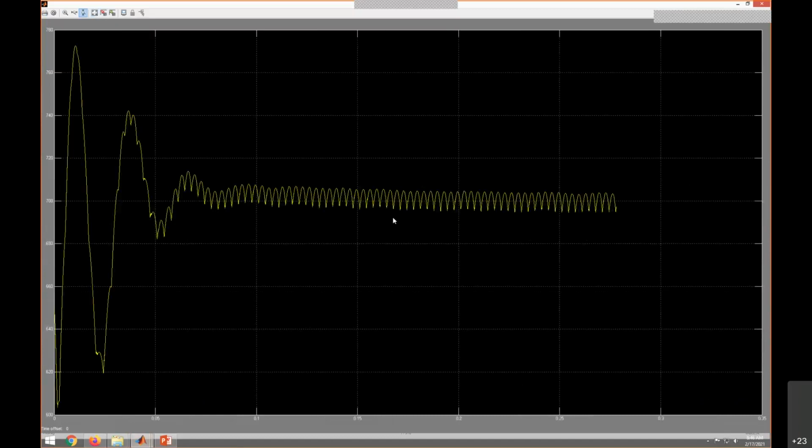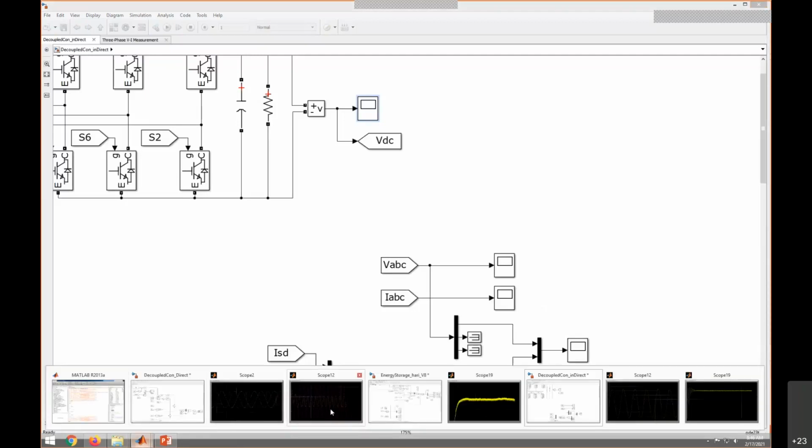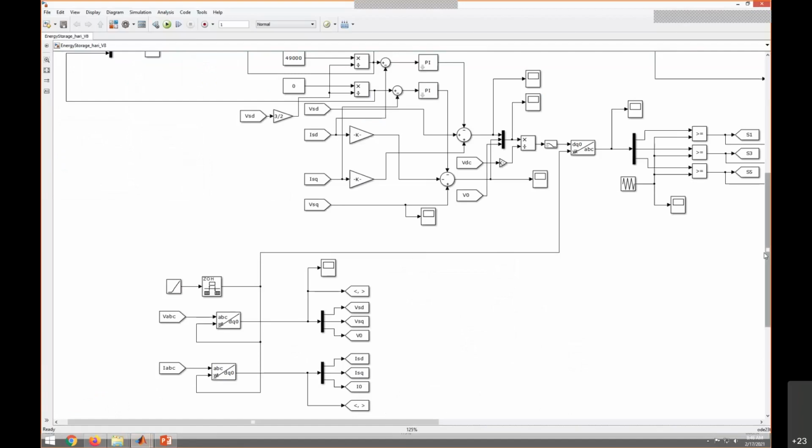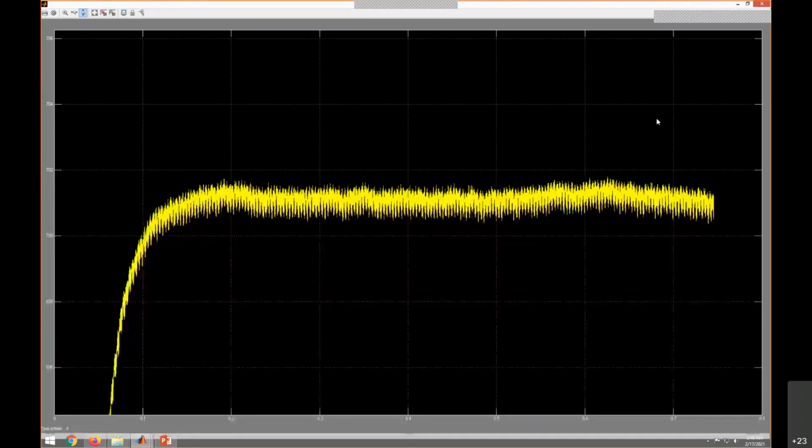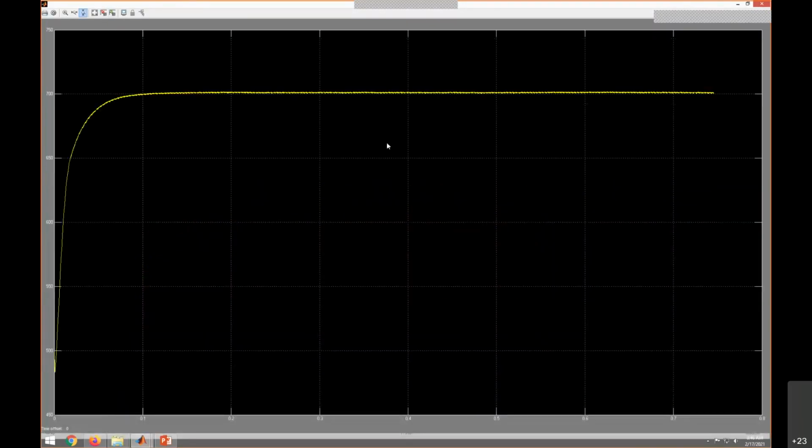What we can see here is that these waveforms are very smooth. See here, this waveform is very smooth, right? So when compared to this, that one is slightly distorted, with higher order ripple content.